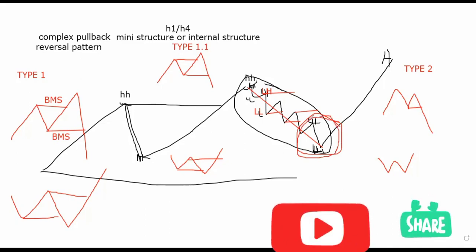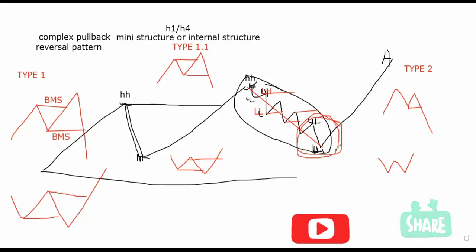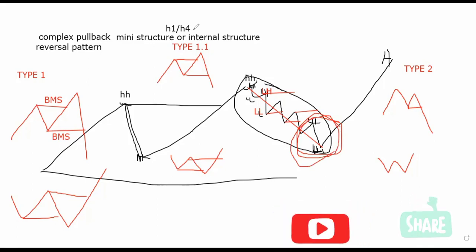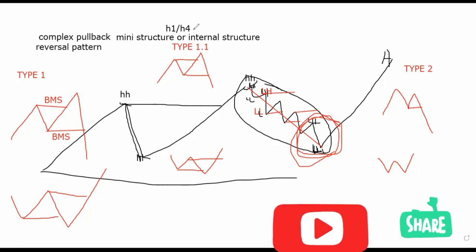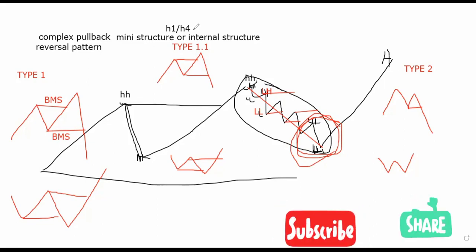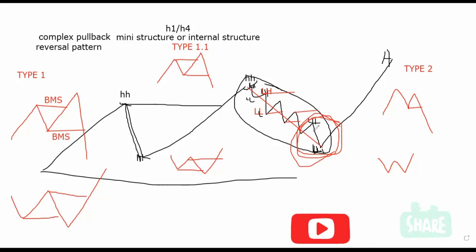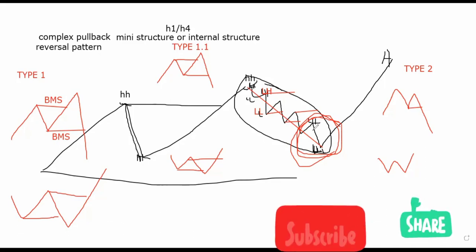This is where you anticipate for it. So in a nutshell, you are looking for your reversal pattern on your 1 hour time frame and your 4 hour time frame. That is where you find your reversal pattern. Is that clear? Clear. Should we move to the chart and see it?